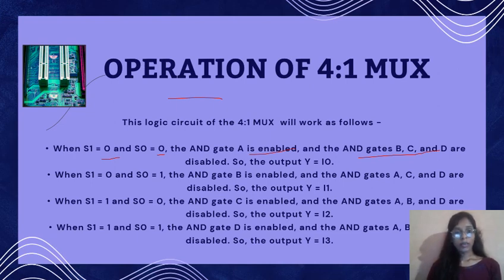In the truth table itself I told you, for the 0 and 0 condition the output should be I0. For 0, 1, B is enabled, so the output Y equals I1. When the inputs are 1 and 0, C is enabled and the output Y equals I2. Similarly, when S1 equals 1 and S0 equals 1, the AND gate D is enabled and the AND gates A, B, C are disabled and the output Y is I3. This is the operation of the 4:1 mux.